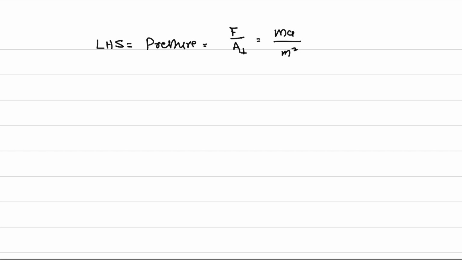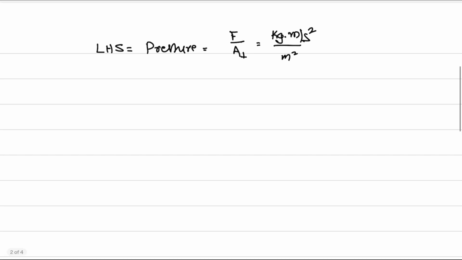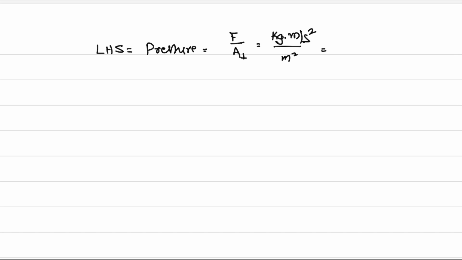Mass is in kgs, into meter per second square acceleration. And this will become kg per meter per second square. So the dimensions of pressure are M L to the power of minus 1, T to the power of minus 2. This is the left hand side.